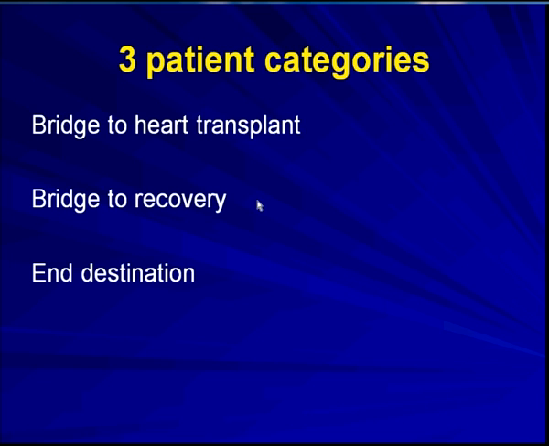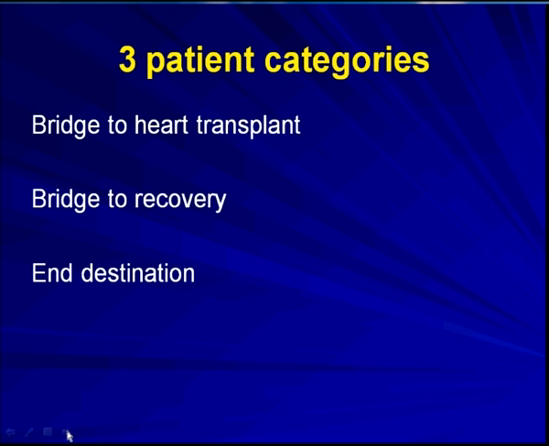There's typically 3 patient categories. 2 of the 3 we will primarily see in the field. We have probably the most popular, bridge to heart transplant. That's your patient that is evaluated for a heart transplant, gets placed on the transplant list, but gets an LVAD to sustain their life until that transplant becomes possible.